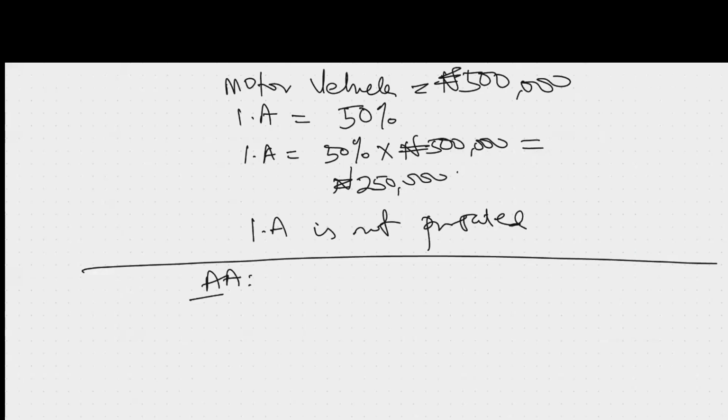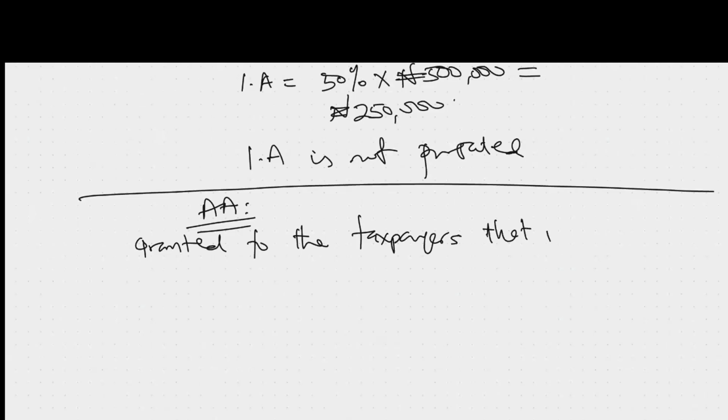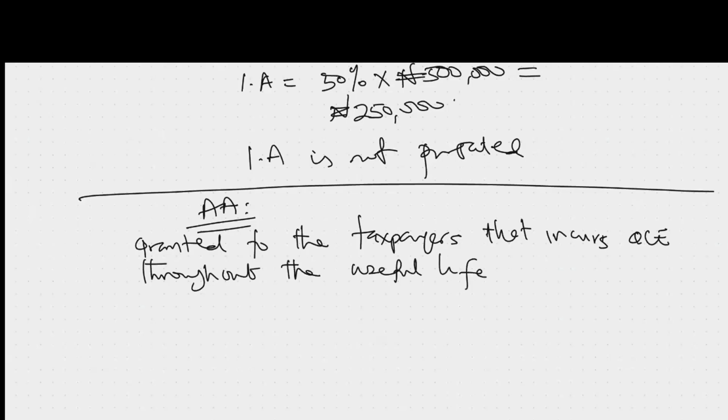Annual allowance is an allowance granted to the taxpayer that incurs qualifying capital expenditure throughout the useful life of the assets. So what are the characteristics of this?